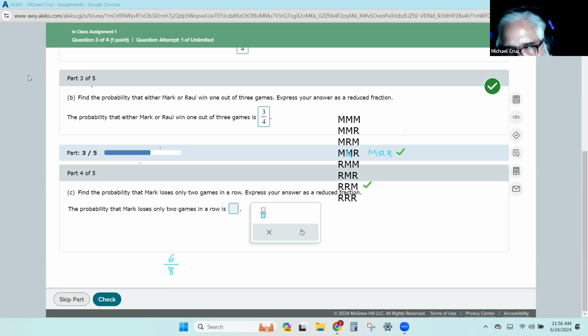So there's only 2 where Mark loses 2 in a row and only 2 where Mark wins 2 in a row. So then this is 2 over 8, which is 1/4.